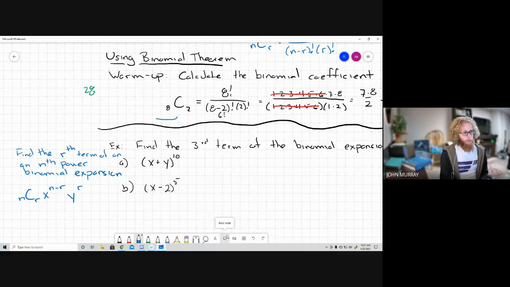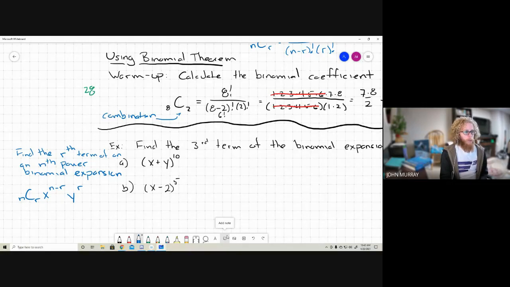I don't know if I mentioned that yesterday. We do the combination with the power combined with whatever term we're looking for. Then our first term is going to be to the n minus r, and the second part is just going to be to the r power.